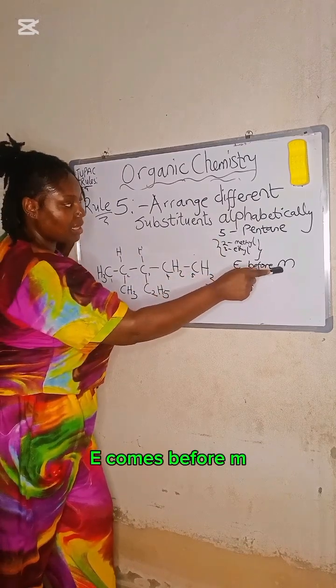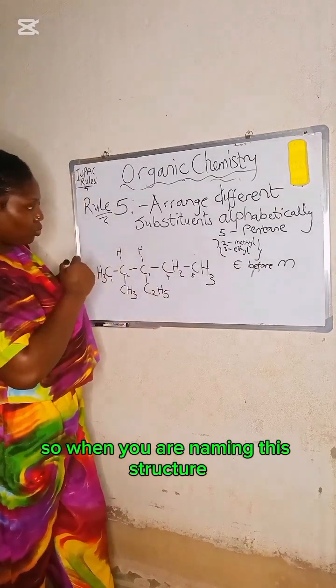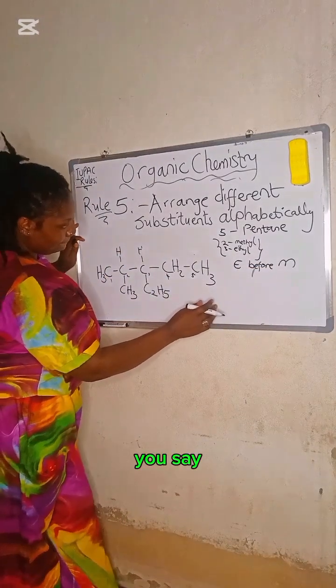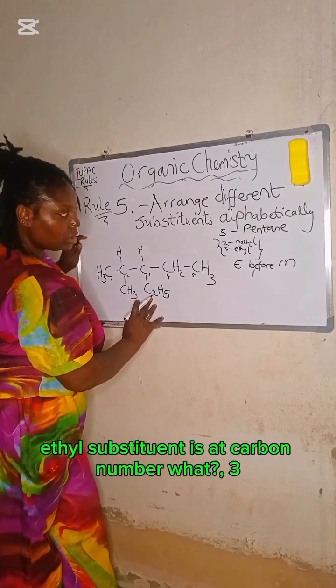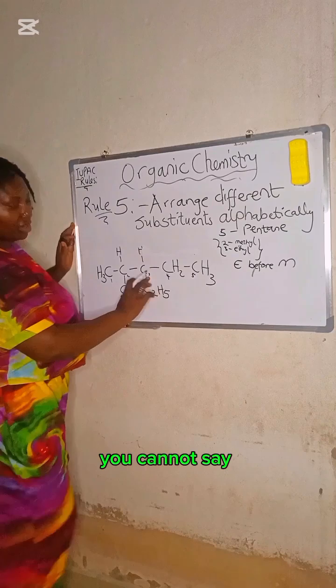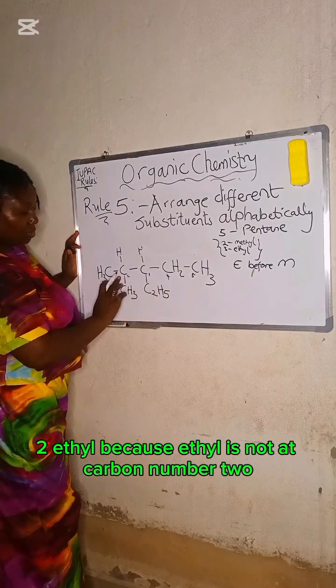E comes before M. So when you are naming this structure, you say ethyl substituent is at carbon number what? 3. You cannot say 2-ethyl because ethyl is not at carbon number 2.